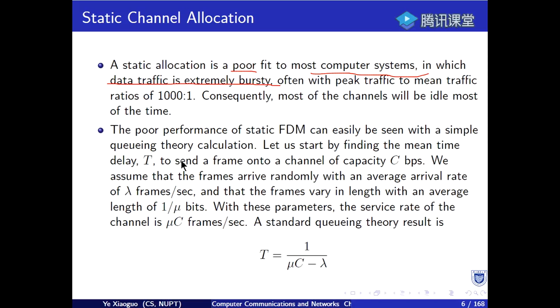We assume that the frames arrive randomly with an average arrival rate of lambda frames per second, and that the frames vary in length with an average length of 1/mu bits.